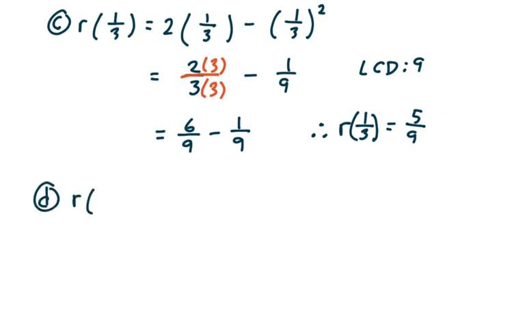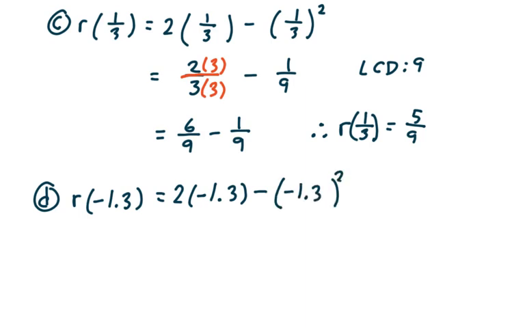Suppose I had r of negative 1.3. So wherever I see an s, I'm going to put in negative 1.3. So this is 2 times negative 1.3. And then I'm going to subtract off, in parentheses, negative 1.3 squared.